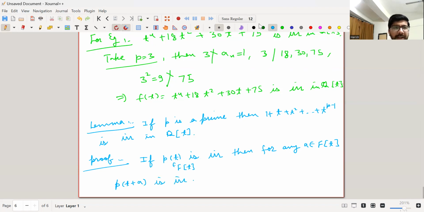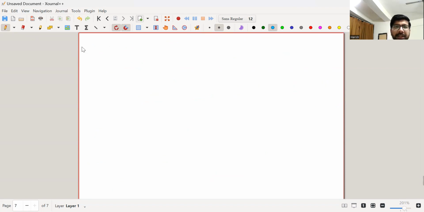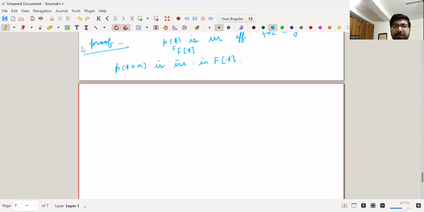And in fact, we can write it as an if and only if condition. p(t) is irreducible if and only if for any a in F, p(t plus a) is irreducible in F[t]. And it's a very straightforward thing to observe.